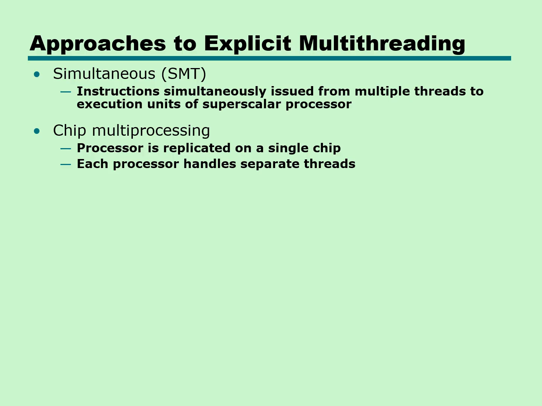So either you can have multiple issues in a single processor where each issue is a separate thread, or multiple processors in a single chip, each processor having separate threads. So that is how explicit multi-threading is designed.